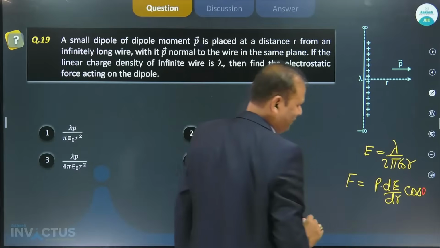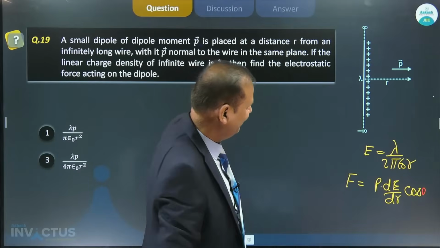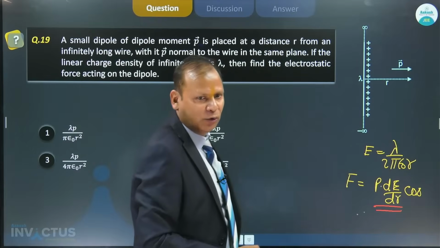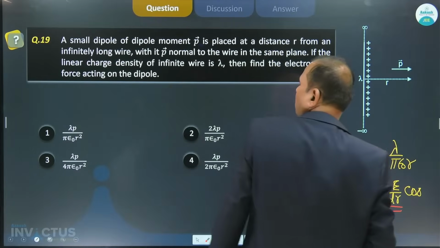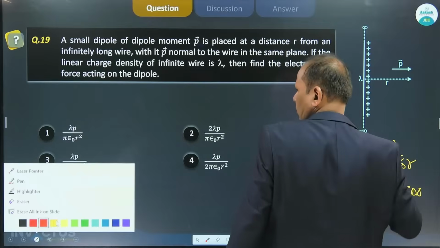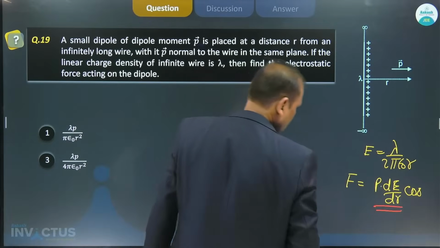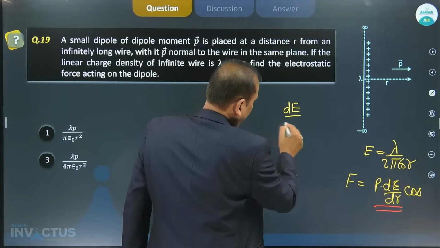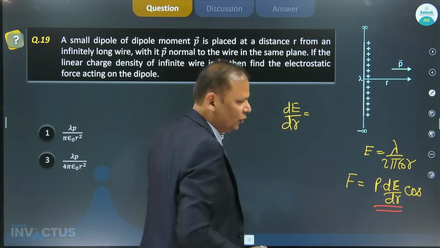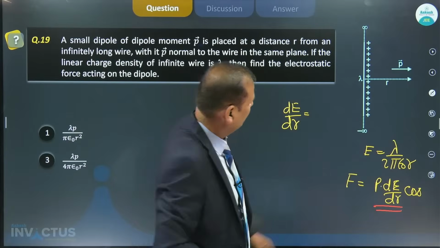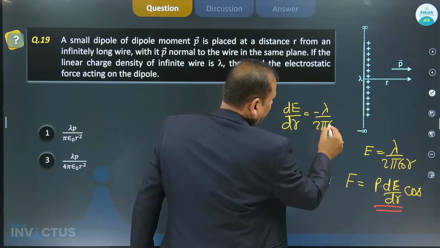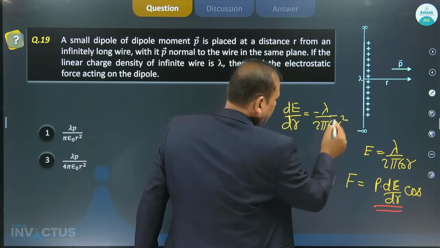Cos 0 is 1. So force is P into dE by dr. So dE by dr is equal to, we have written here E, so it will be minus lambda by 2 pi epsilon naught R square.